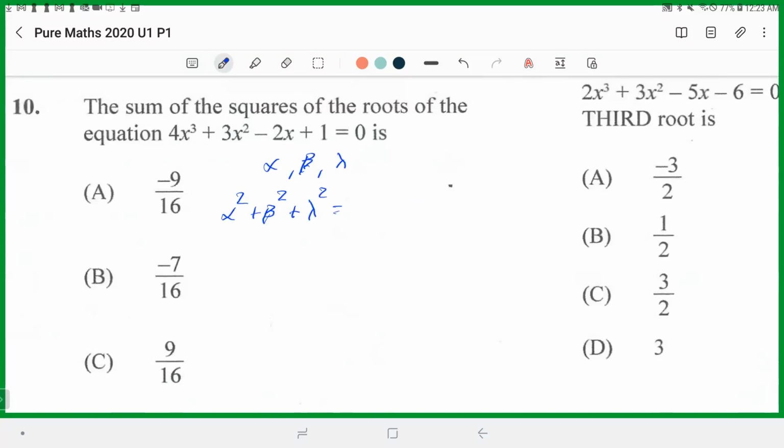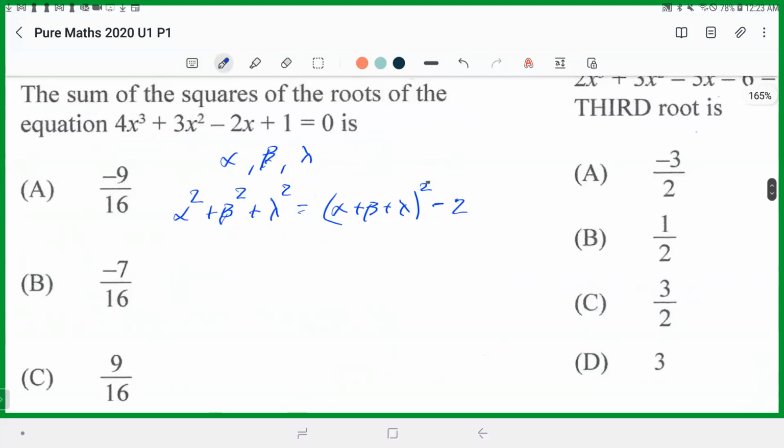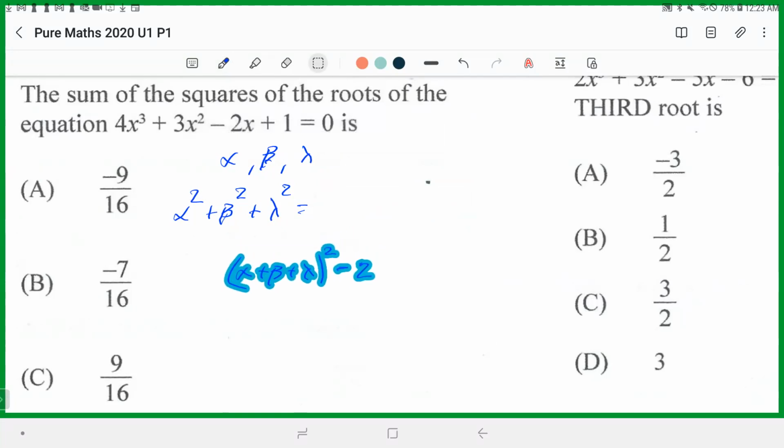Now, this is equal to the sum of the roots, alpha plus beta plus gamma, all squared, minus 2 times the product of the roots pairwise. Let me put it under here. Running out of space. So the sum of the squares of the roots equals the sum of the roots squared minus 2 times the pairwise product, which is alpha beta plus alpha lambda plus beta lambda.